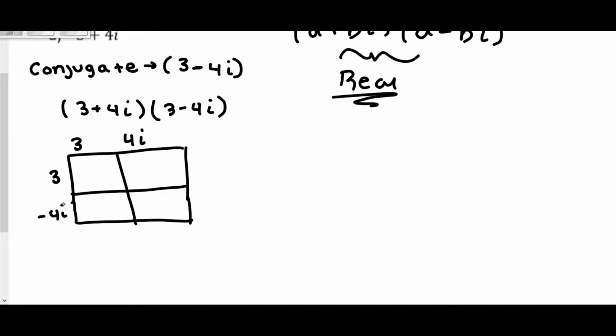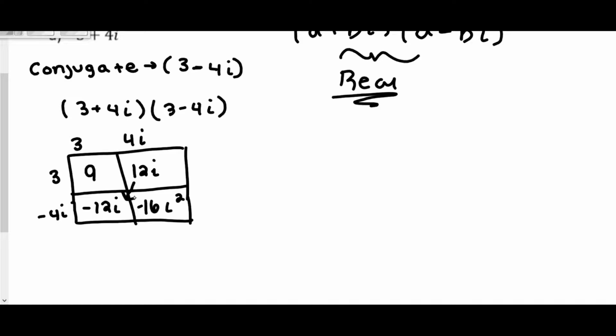You can pretend that the i is like a variable, but at the end you just have to remember to simplify your powers of i because they do have exact values. So 3 times 3 gives me 9, 3 times 4i gives me 12i, 3 times negative 4i gives me negative 12i, negative 4i times 4i is negative 16i squared.